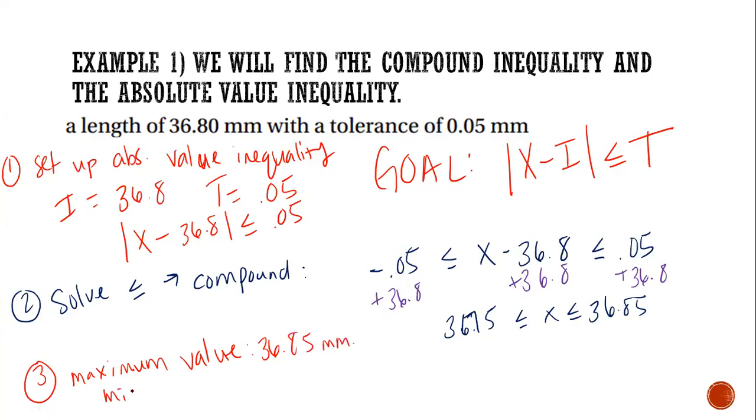My minimum value that it can be stretched or compressed to is 36 and 75/100 millimeters. And that is just finding your maximum and minimum, given your intended value and your tolerance. This is starting off as a simple word problem.